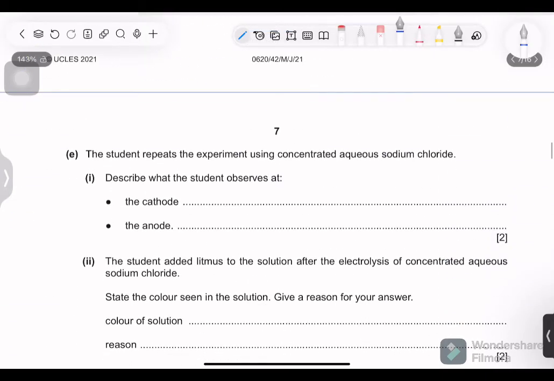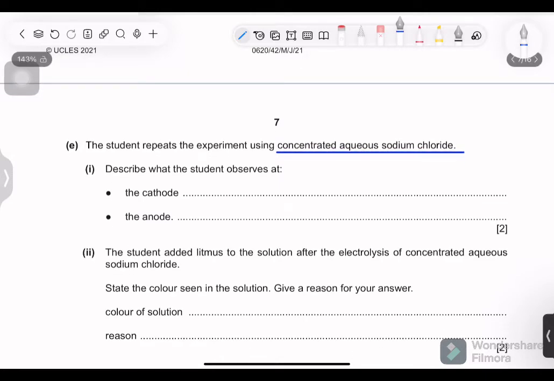Now the student repeats the experiment using concentrated aqueous sodium chloride. Describe what the student observes at the cathode. At the cathode, being concentrated has no effect, so there will still be hydrogen, so there will still be fizzing. And at the anode, earlier we had OH minus ions and Cl minus ions.